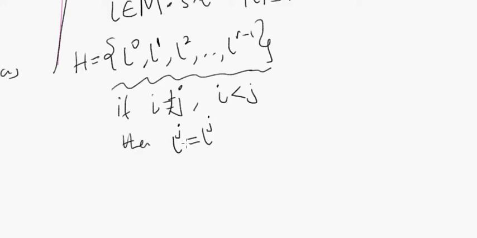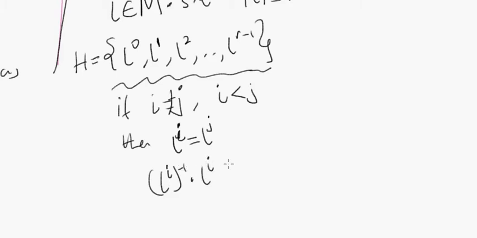If that's the case, since l is an element of M and M is a group, can't we say that l to the i has an inverse? So consider l to the i inverse times l to the i.